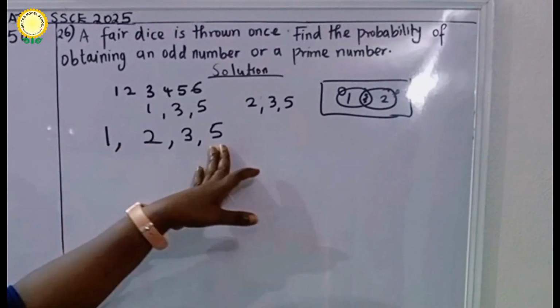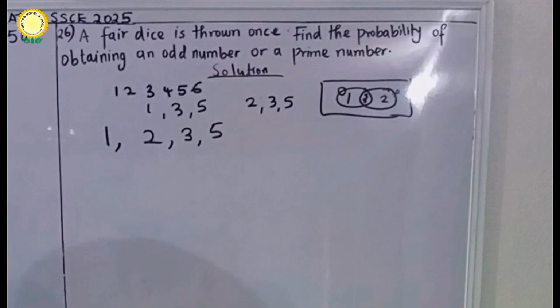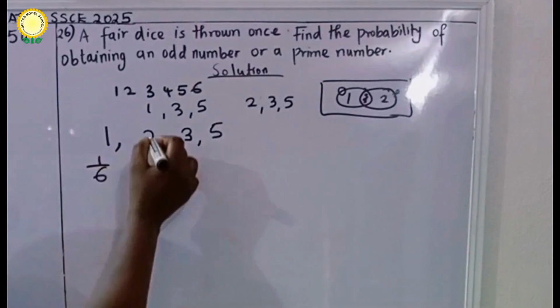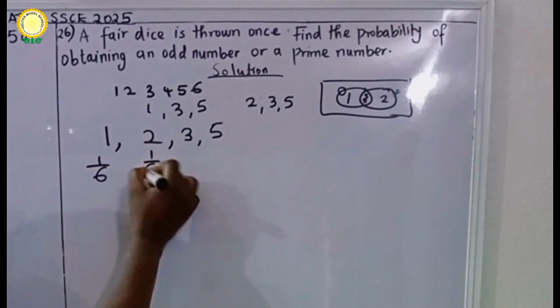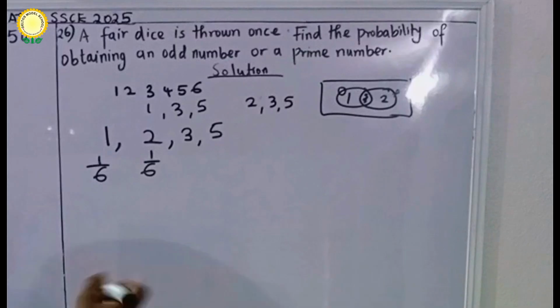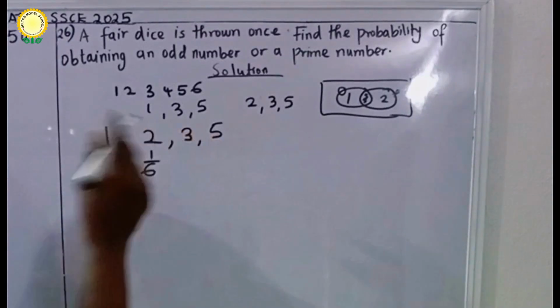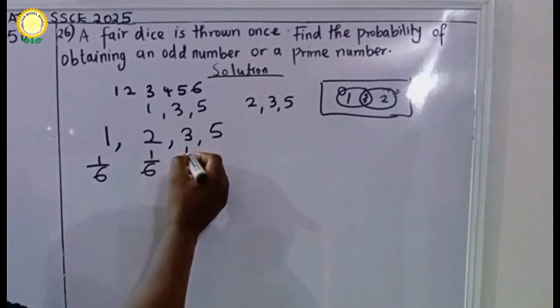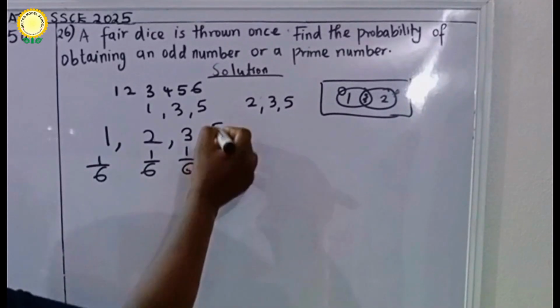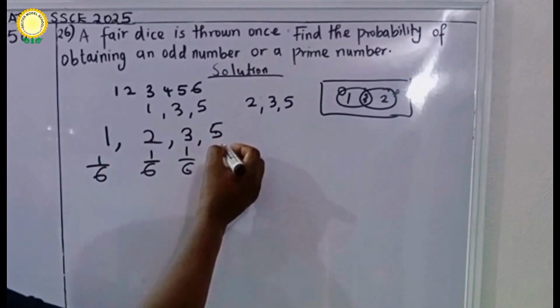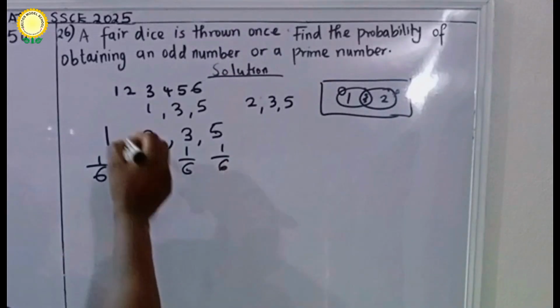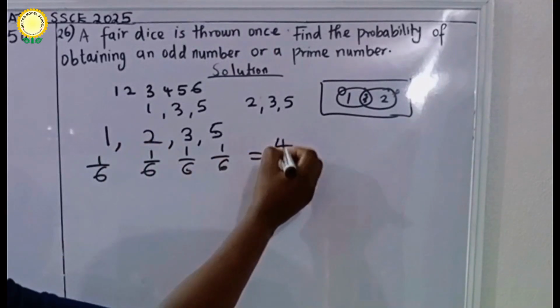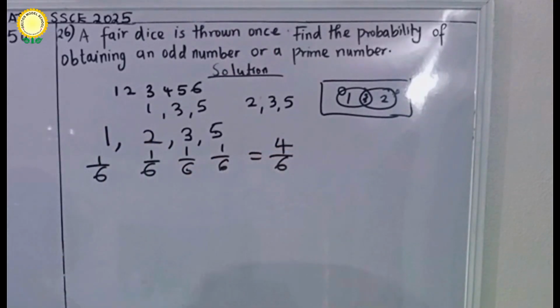The probability of getting 1 is 1 over 6. The probability of getting 2 is 1 over 6, not 2 over 6, because there's only one 2 there. The probability of getting a 3 is only one 3, 1 over 6, and the probability of getting a 5 is 1 over 6. So your answer is 4 over 6.